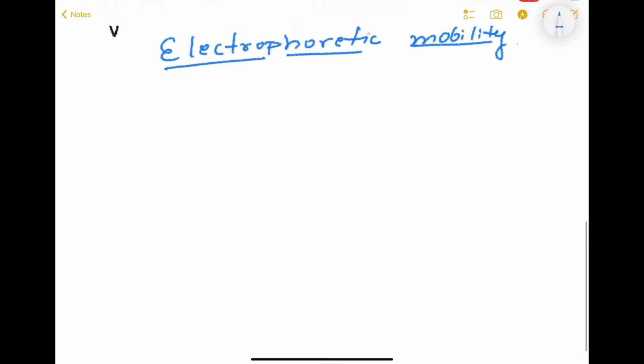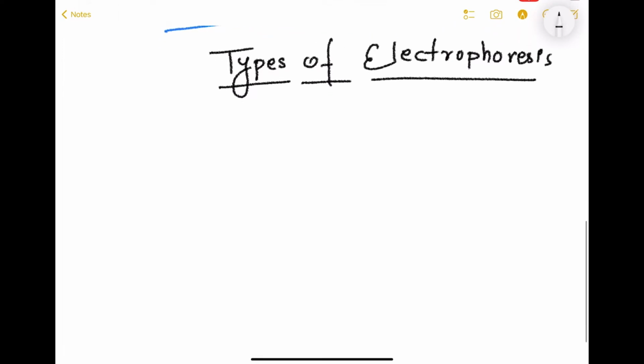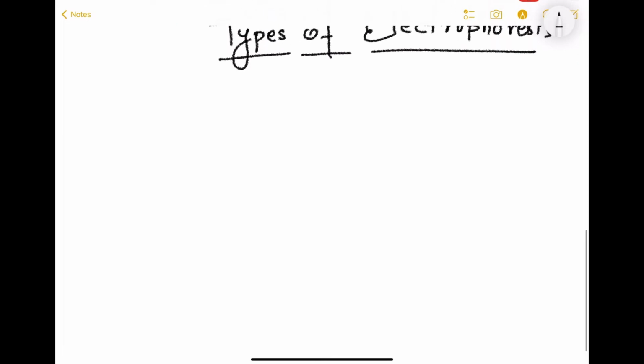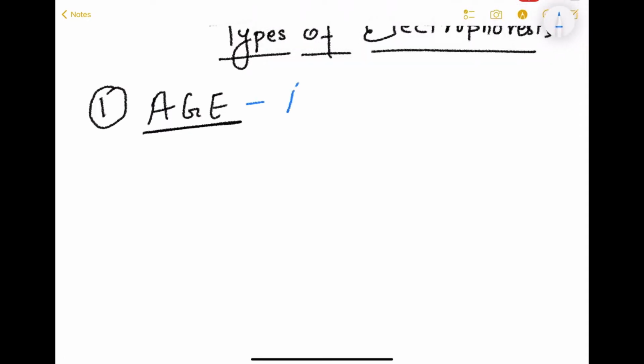Now we are going to discuss the types of electrophoresis. There are many important types which we are going to read and learn in detail. The first one is AGE. This is one of the most important types of electrophoresis.